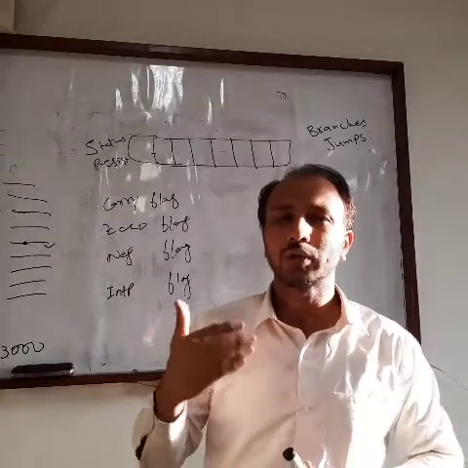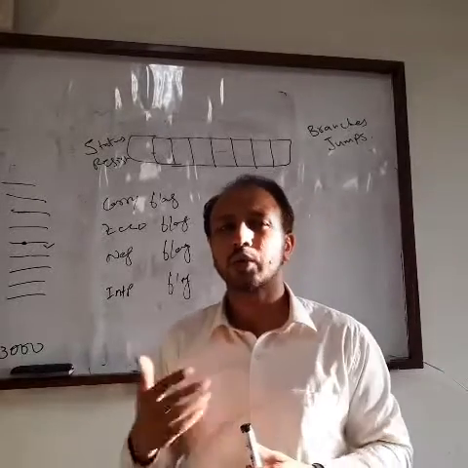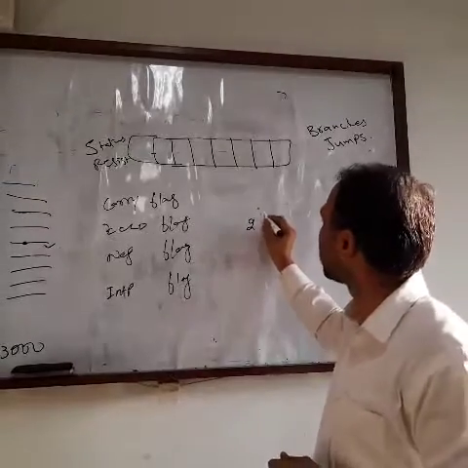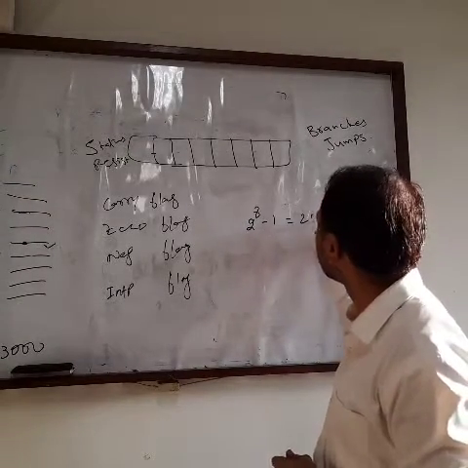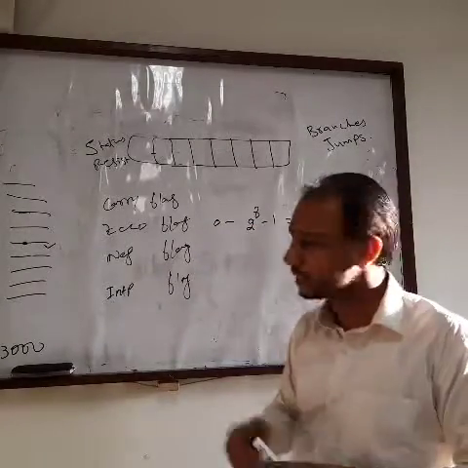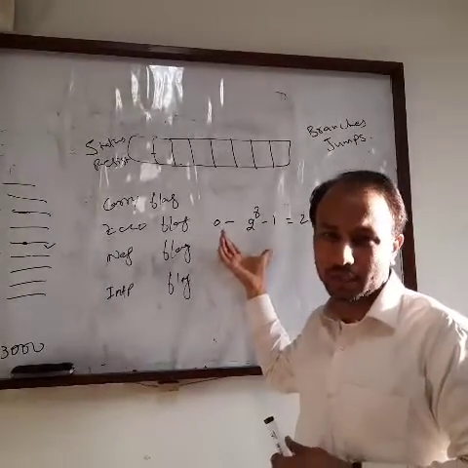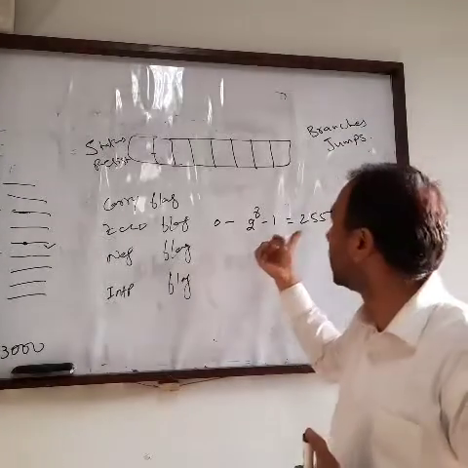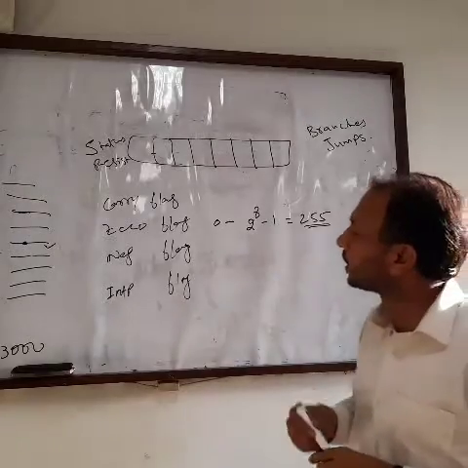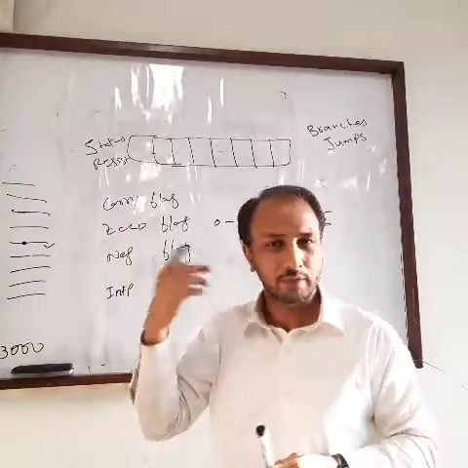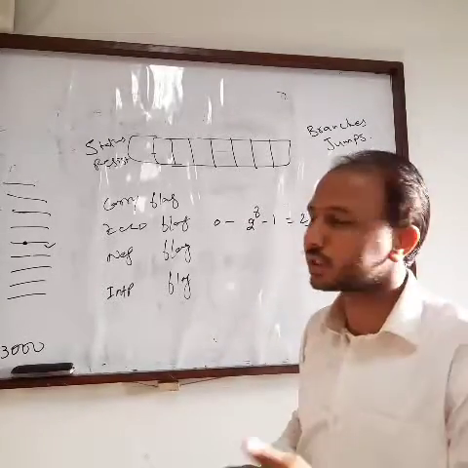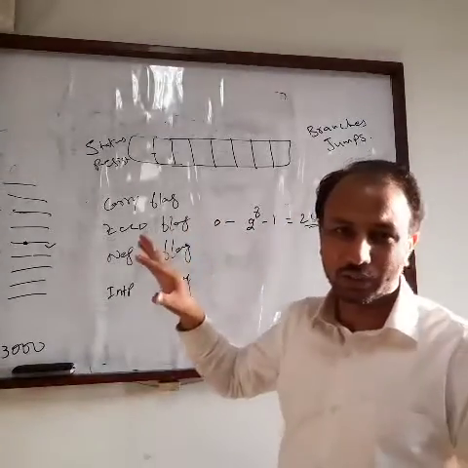So if the result of the ALU increases beyond 255, because 2 raised to power 8 minus 1 is equal to 255, this is the maximum limit of unsigned numbers that your register or ALU can calculate properly. Now, if your value is greater than 255, what will happen? The carry flag will go high.